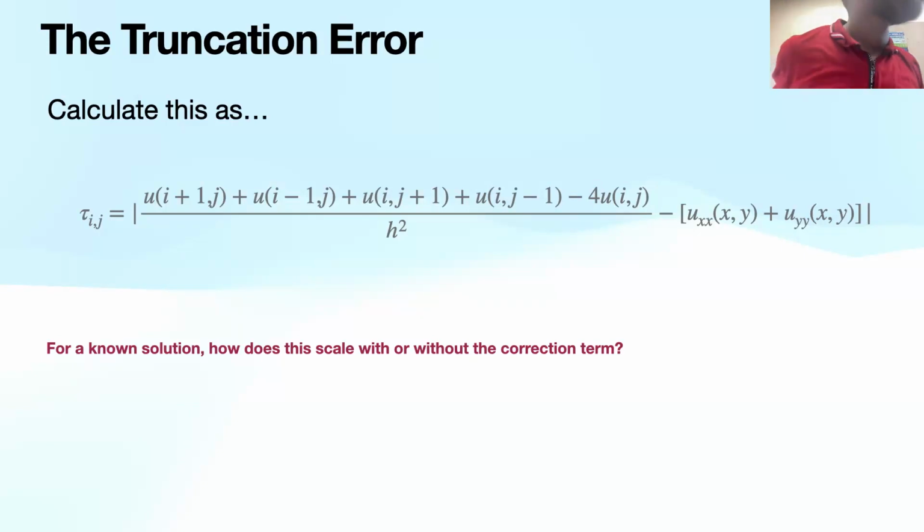I don't know if my English made sense there. But the idea is you have a function, then how does the truncation error look like? Do we have convergence or not?